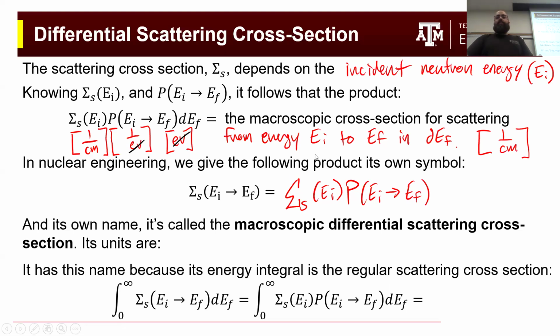This quantity is the typical thing you'll see in nuclear engineering textbooks. This scattering cross section times this probability density function has a name: it's called the macroscopic differential scattering cross section.